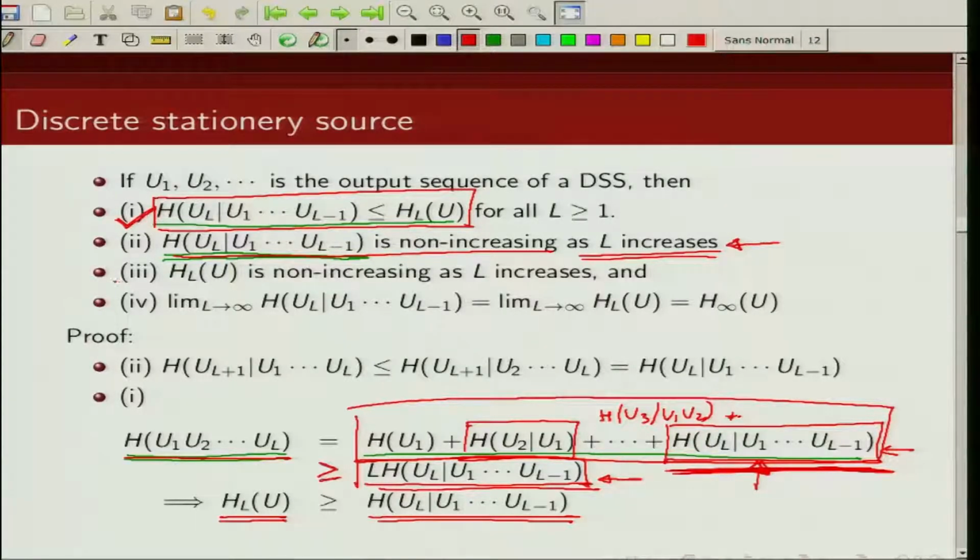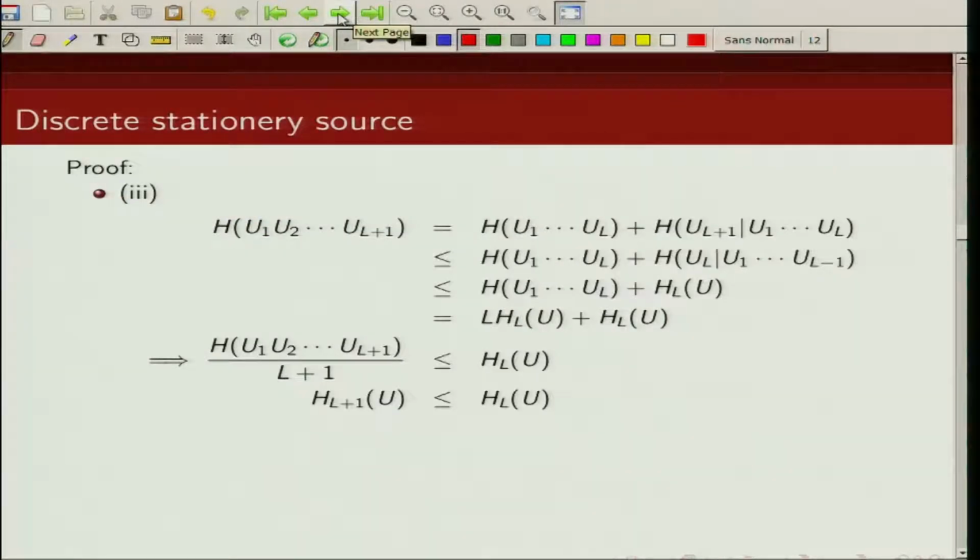Next we are going to prove this property 3. To prove this property 3, let us first write the joint entropy of U1, U2, U3, UL plus 1.